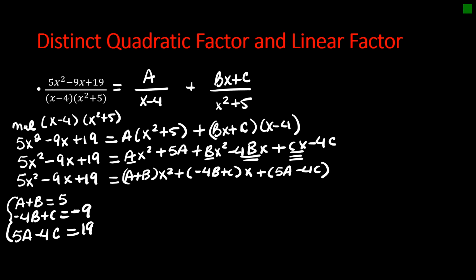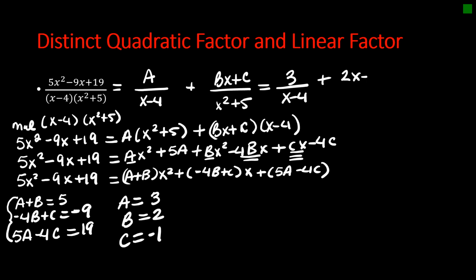If you need to, you can refer back to the lecture on that to solve this, but we're just going to tell you the solutions. Once you solve this system, A is 3, B is 2, and C is negative 1. So our partial fraction decomposition is 3 over x minus 4 plus (2x minus 1) over (x squared plus 5).